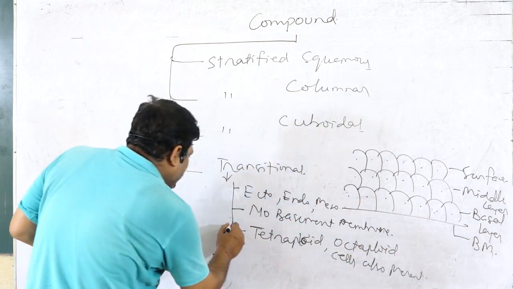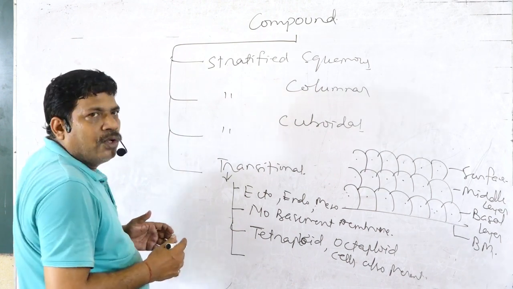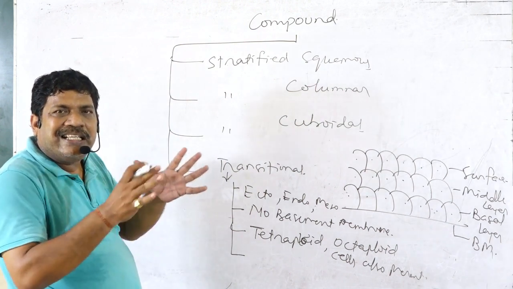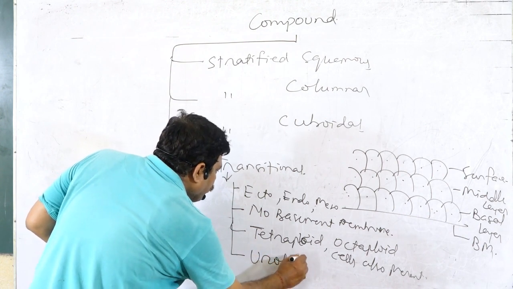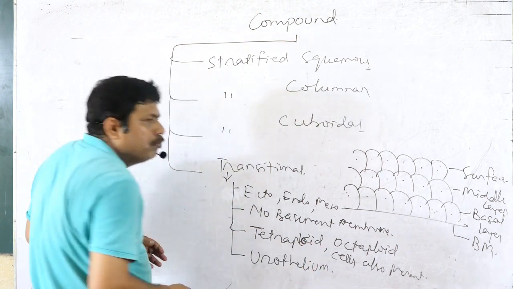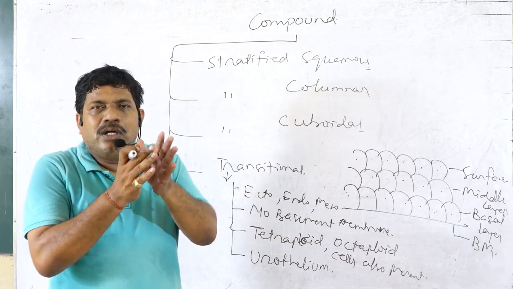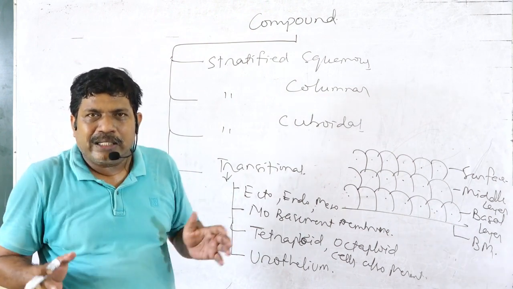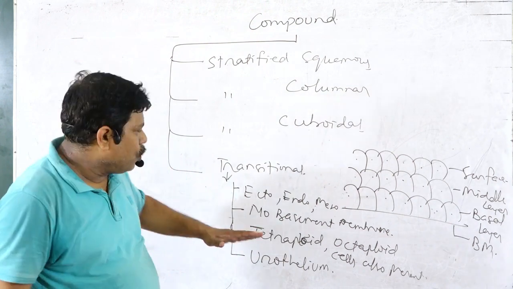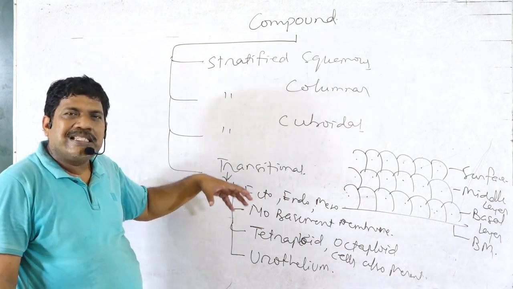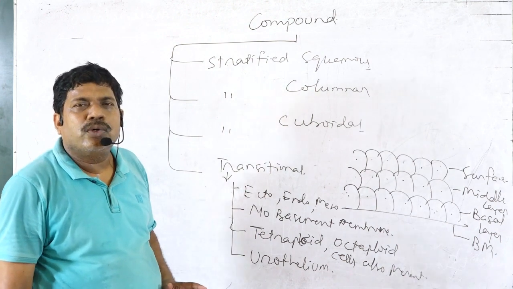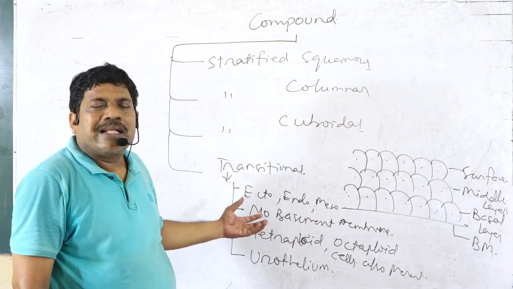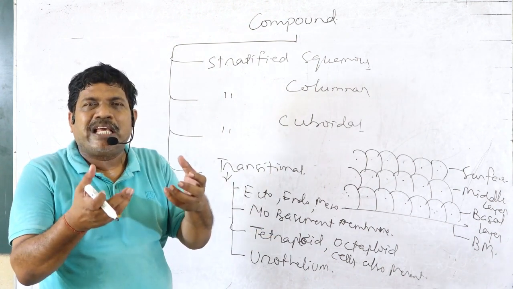And this epithelial tissue is exclusively present in urinary system, so called urothelium. It is present at the urinary bladder, ureter and urethra. So exclusively, since it is present at the urinary system, it is also called urothelium. So transitional epithelium is like a khichuri epithelium.